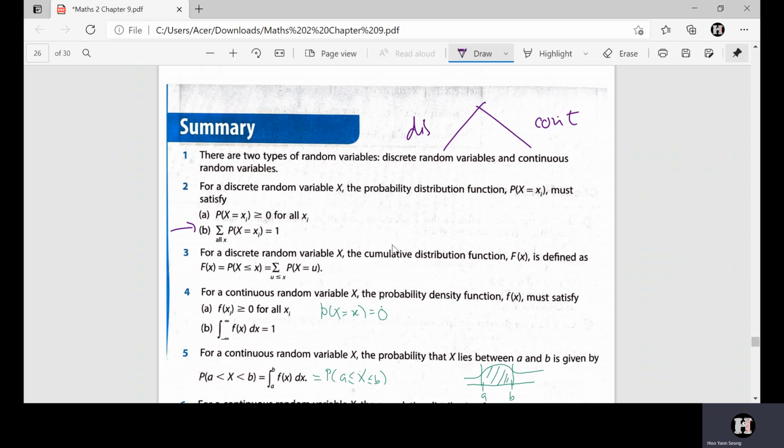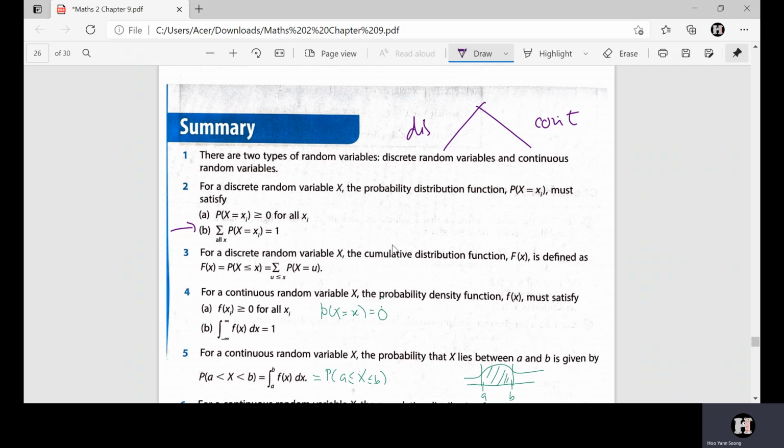And there is a key here: for the continuous random variable, P(X = x) is equal to 0. So it is contrary to your discrete. Your discrete is not 0, while for your continuous, f(x) is always greater.